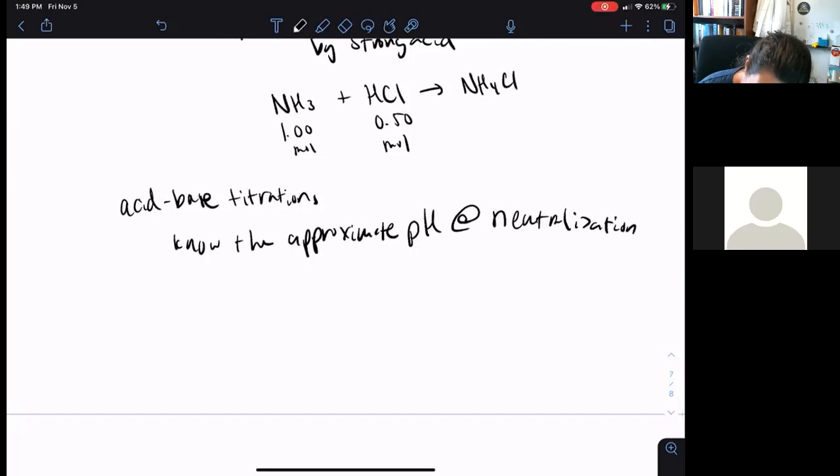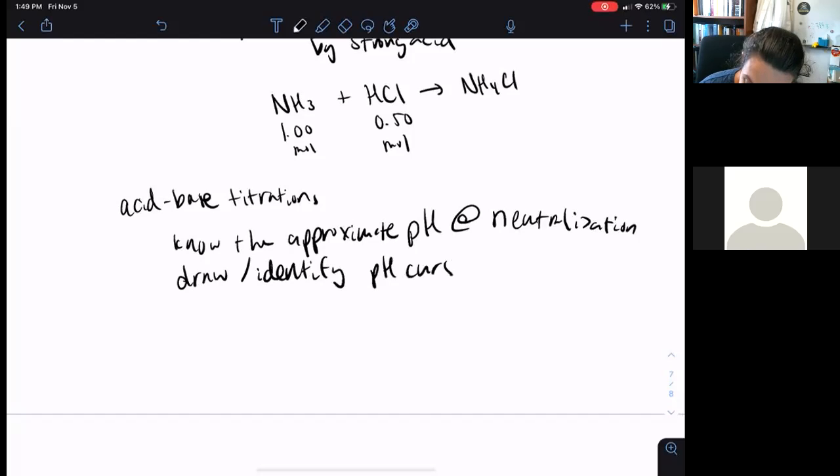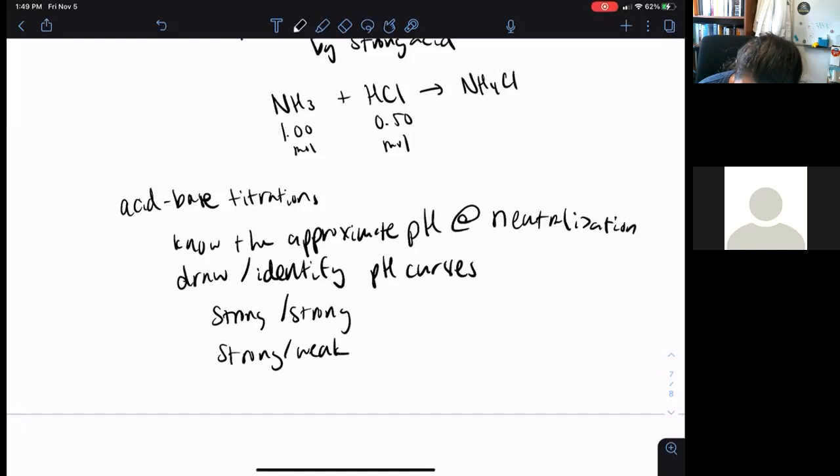You should be able to draw and identify pH curves for strong-strong, or strong-weak, or polyprotic titrations.